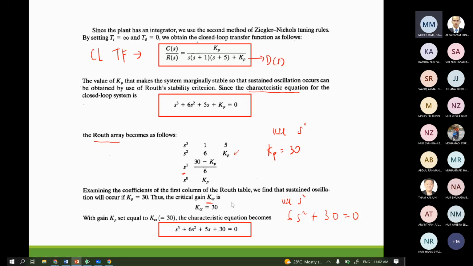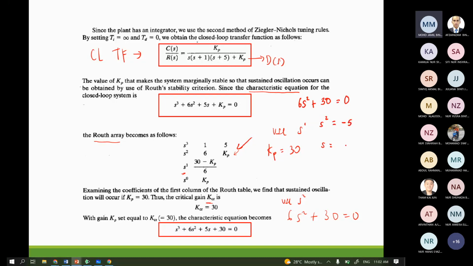Then from the KCR value, you use the row S2 to determine the period of oscillation. So from row S2, you can write 6S squared plus 30 equals 0, and then you get S squared equals minus 5.